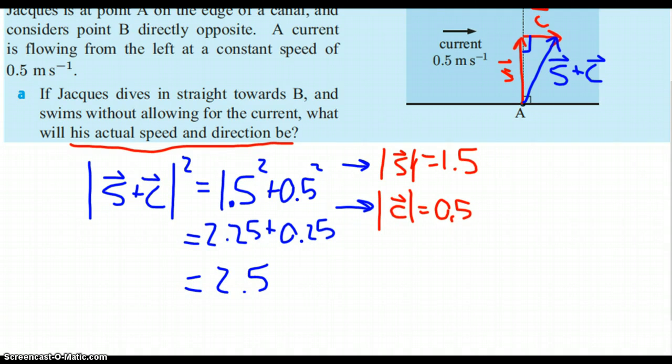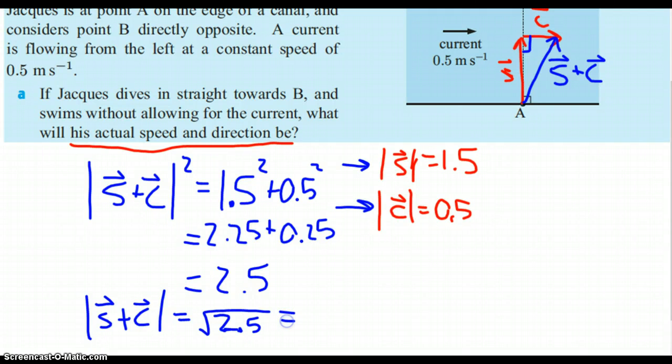And of course we need to square root that. Okay, because that is the magnitude squared. So the magnitude we're looking for, the magnitude of S plus C, is the square root of 2.5. Okay. So, you can figure that out with a calculator.